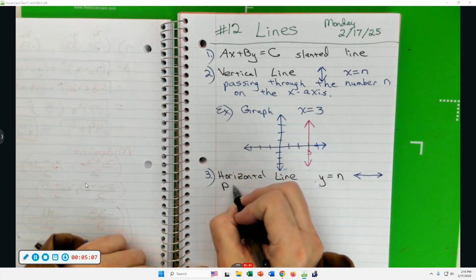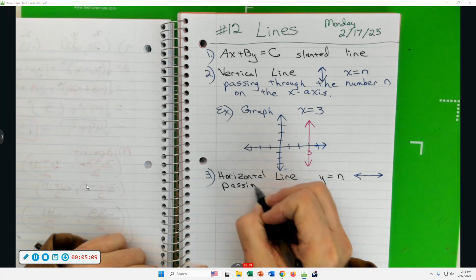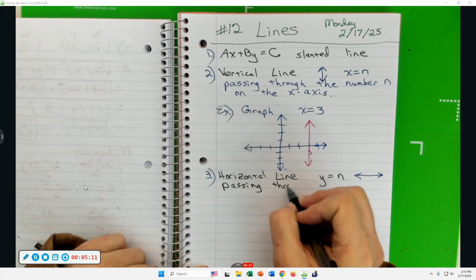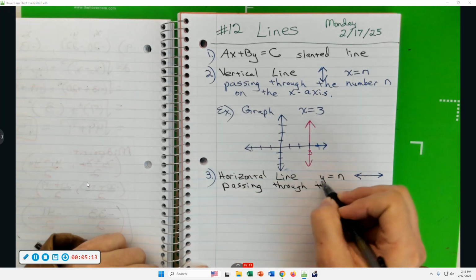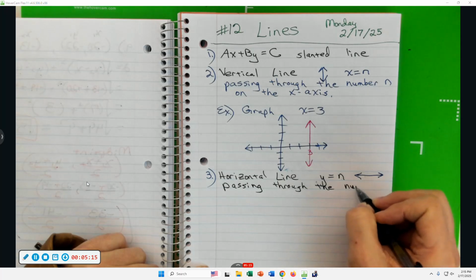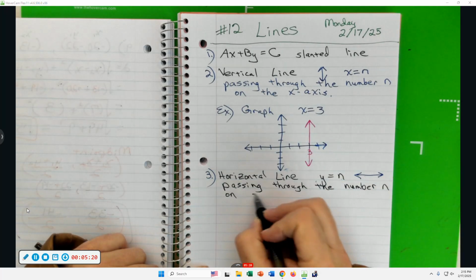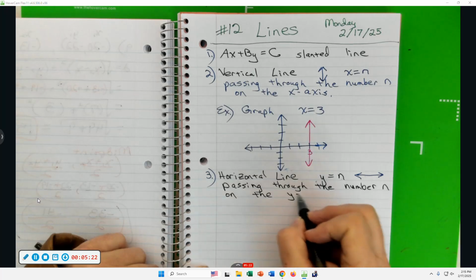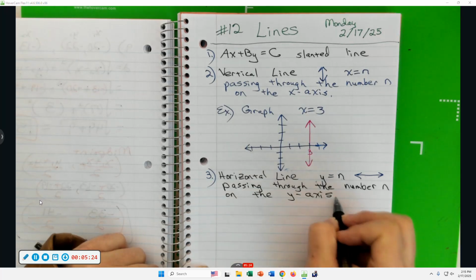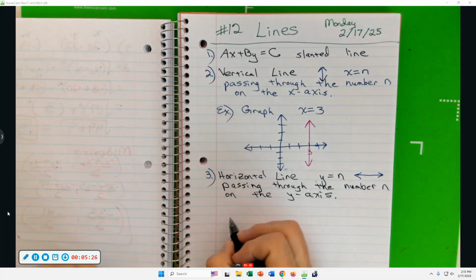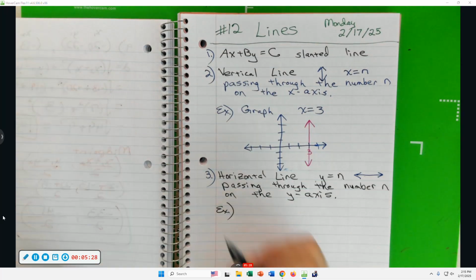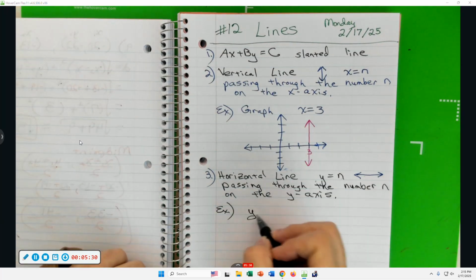It's passing through the number n on the y-axis. So something like y equals 3.